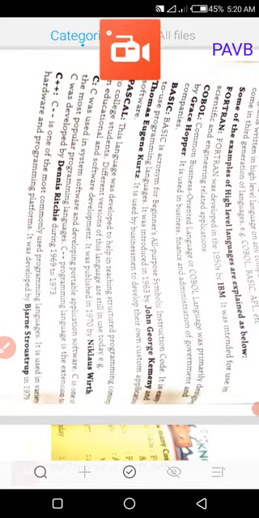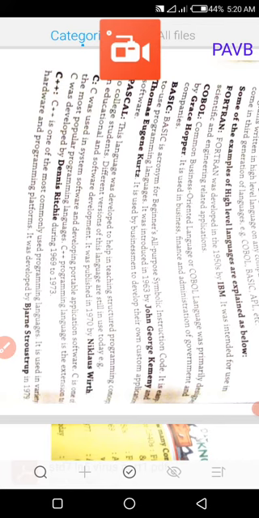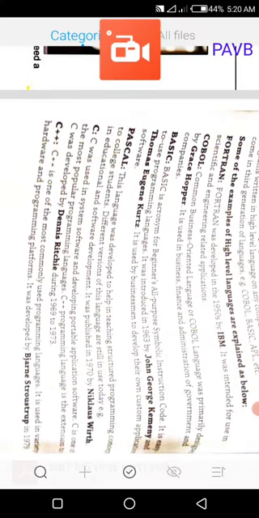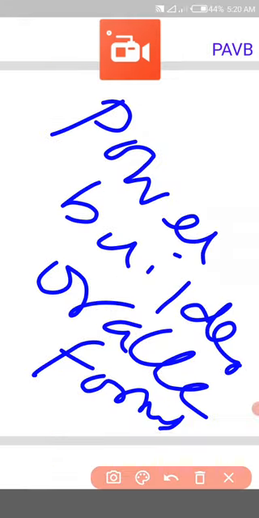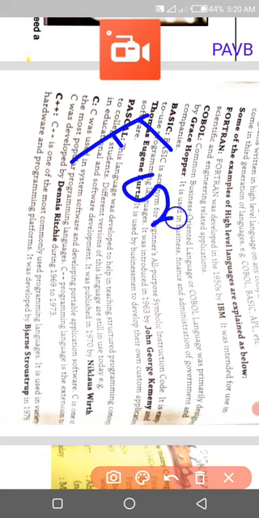Some high-level languages are explained below. Fortran. Fortran stands for formula translation.